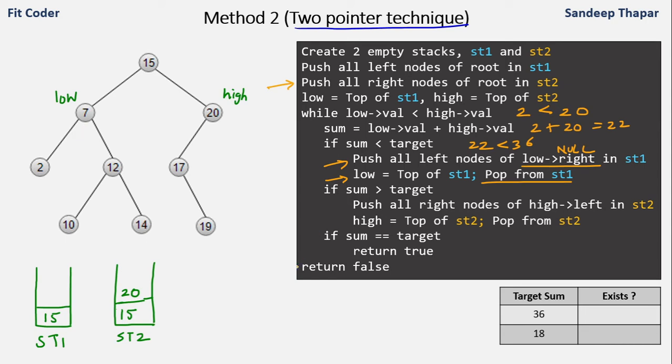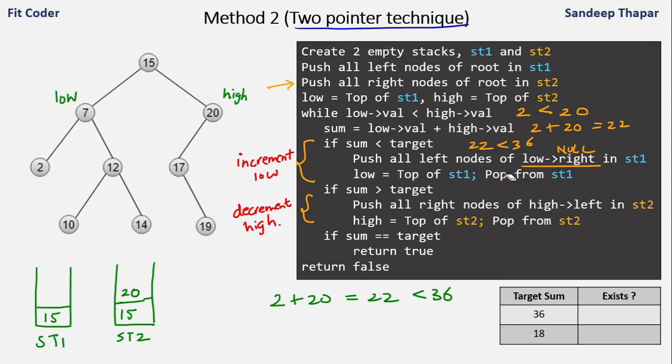So here we saw that when sum, which is 2 plus 20, is less than 36, so we have to increment the low index. So we incremented the low from 2 to 7. So basically this if statement is incrementing low, and the next if statement, when the sum is greater, we decrement high. Let's check the next iteration.